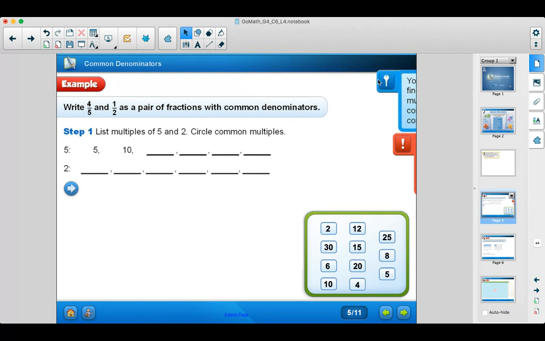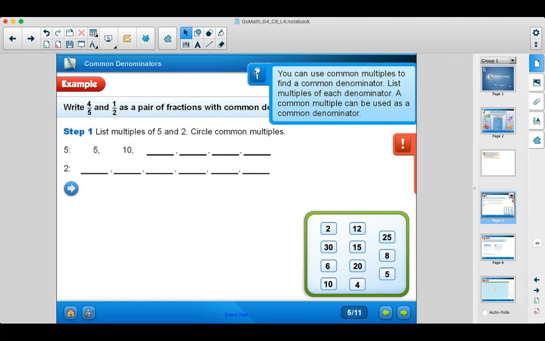Write 4/5 and 1/2 as a pair of fractions with common denominators, with the same denominator. Right now, 4/5 has a denominator of 5, and 1/2 has a denominator of 2. We want to find a common denominator for those two fractions.